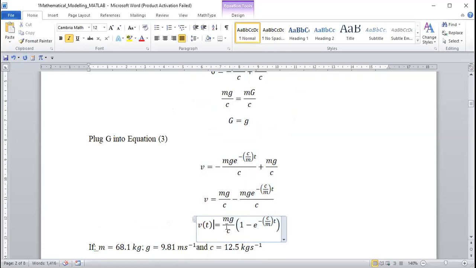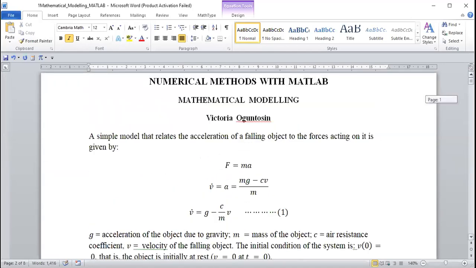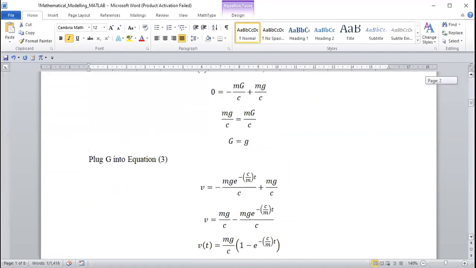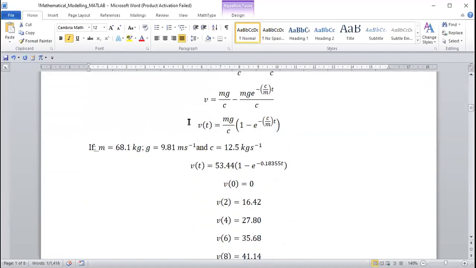So we've been able to prove that the analytical solution to the model we started with, so this is the model we started with, is given by this. So we already did this.